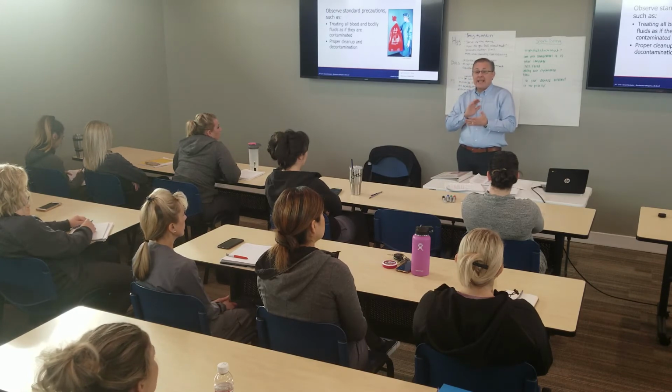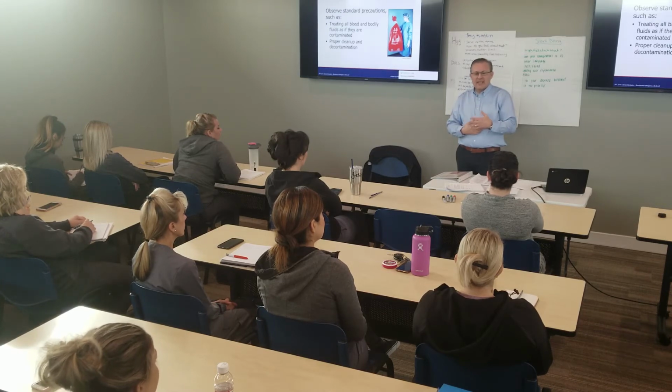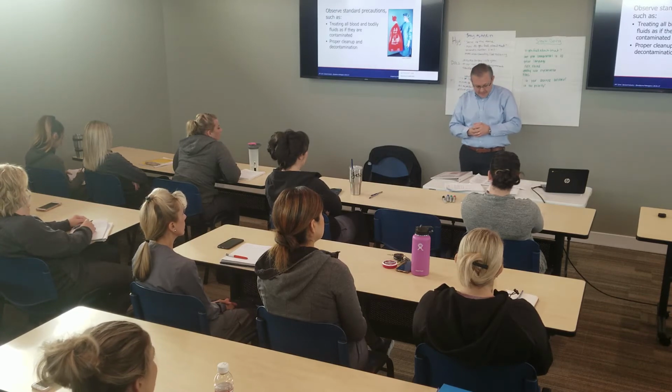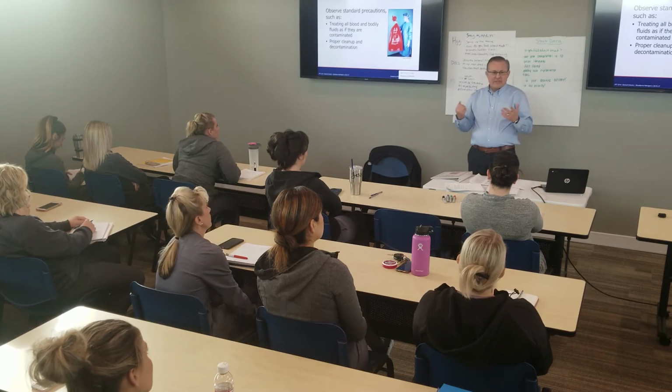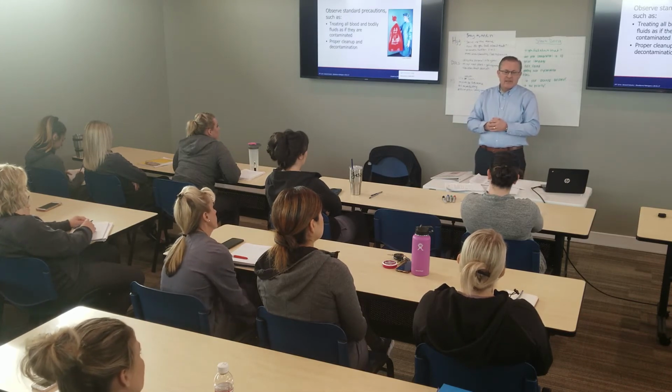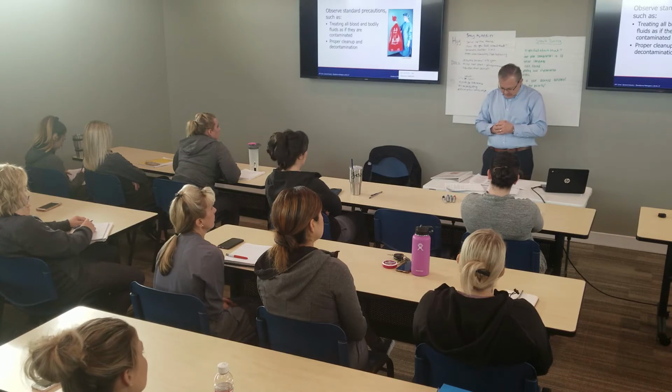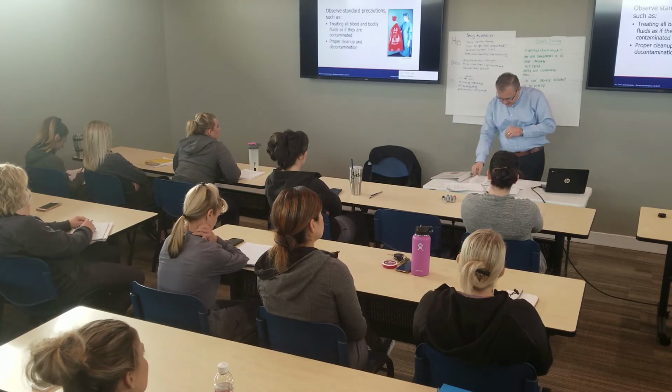So we treat every person, and this is not in a negative way, but we treat every person as if they have one of these three conditions that we're concerned with, okay? And what that means is if we treat each person the same way, and if we're prepared for that, then our risk is going to be quite low.